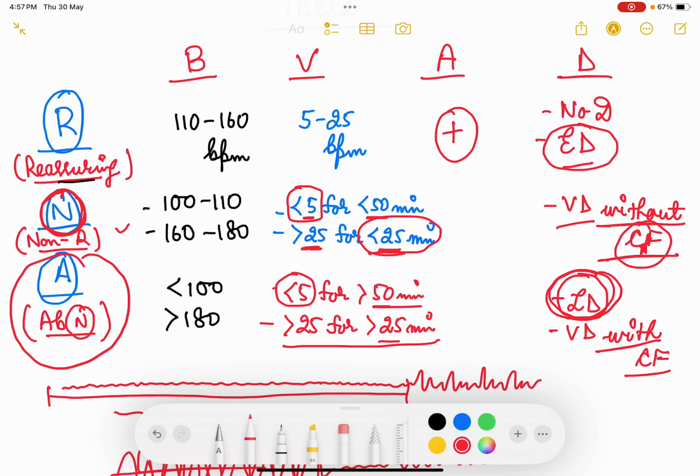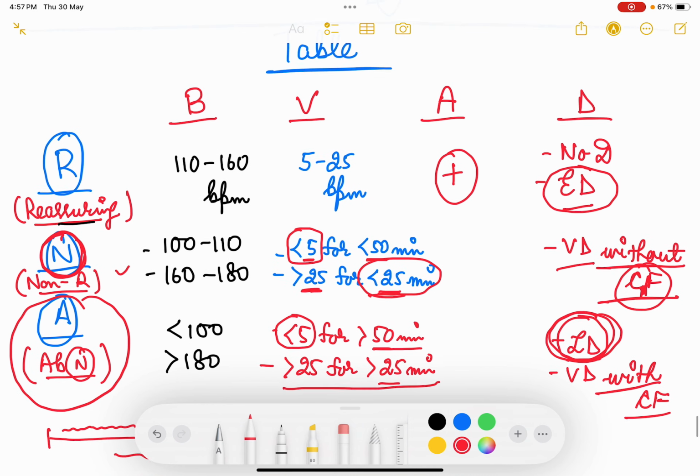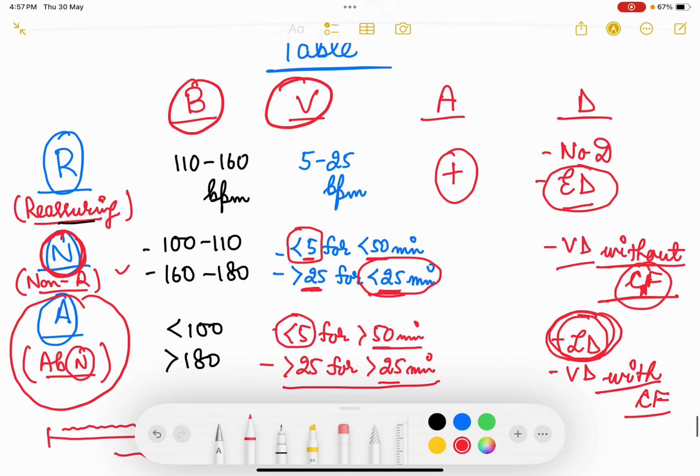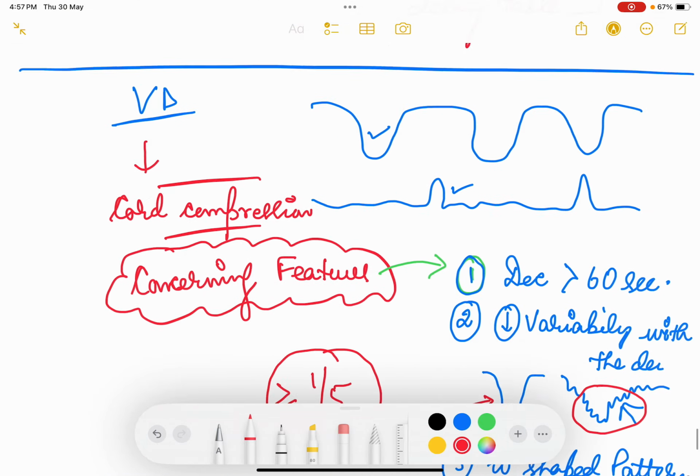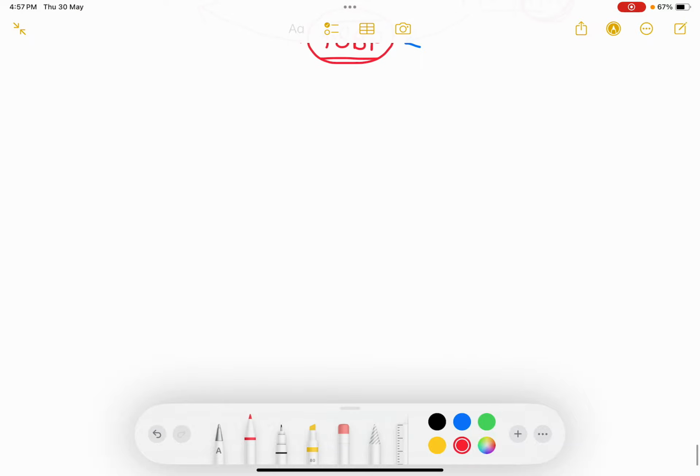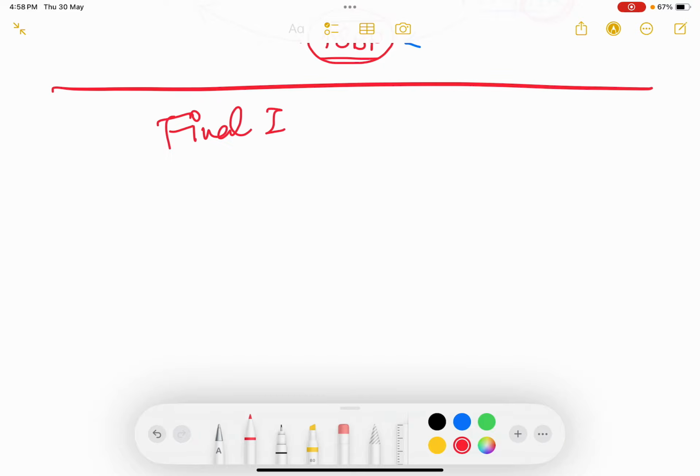So now our table is complete. Baseline, variability, okay, and then acceleration and deceleration we have categorized under reassuring, non-reassuring and abnormal. Now coming to our final interpretation.